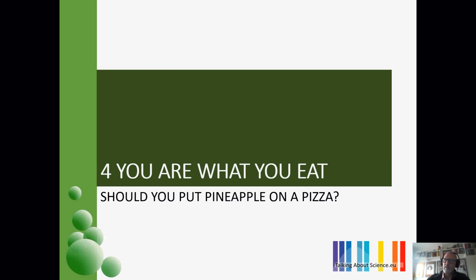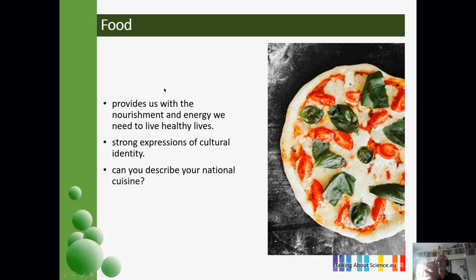So thinking about food in general, food is obviously something which is required for nourishment. It's required for the energy that we need to live our daily lives in a healthy way.